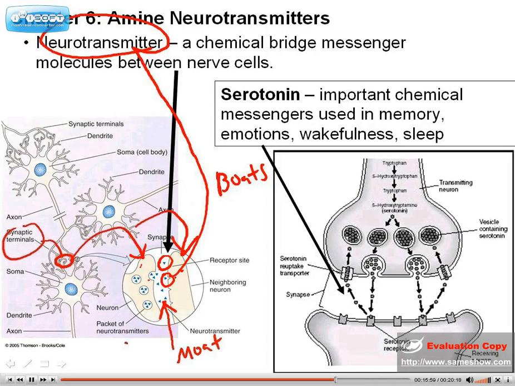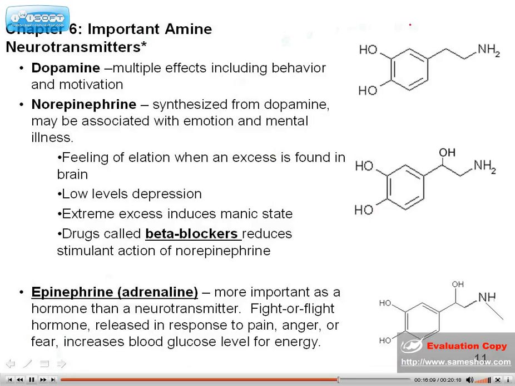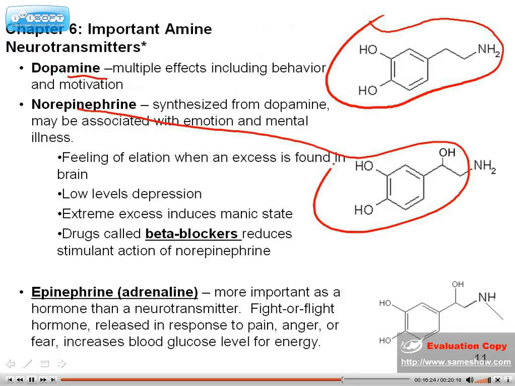And so it turns out that a lot of these special chemicals, these chemical boats that transfer from one neuron to the other, tend to have a lot of amines present. So here are various types of amines you might find present. Here are their general characteristics, which you have to memorize. For example, here we have dopamine, here we have norepinephrine, and here we have epinephrine.